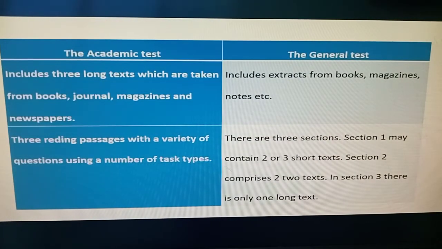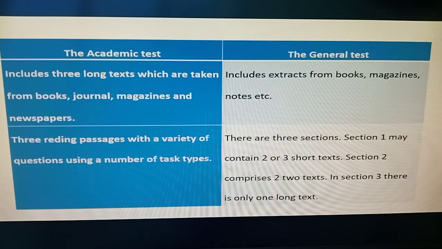So let's just have some notes about both of them, the academic one and the general one. Then after that we will be concentrating on the academic test. The academic test includes 3 long texts which are taken from books, journals, magazines and newspapers.